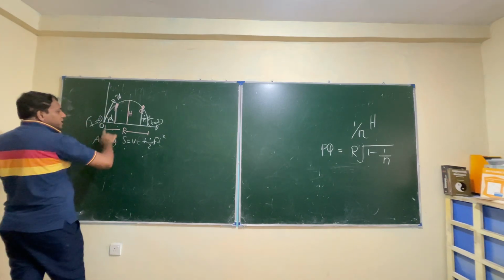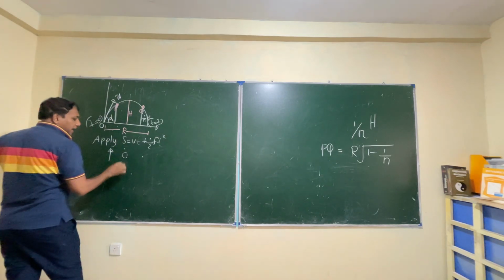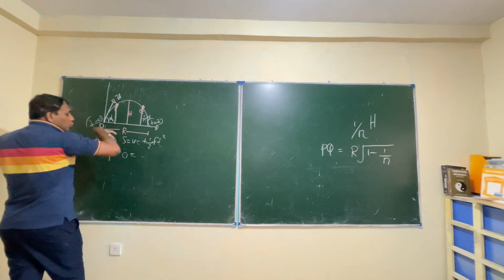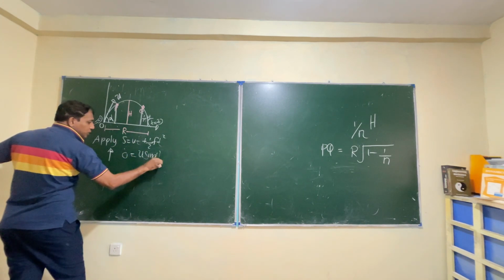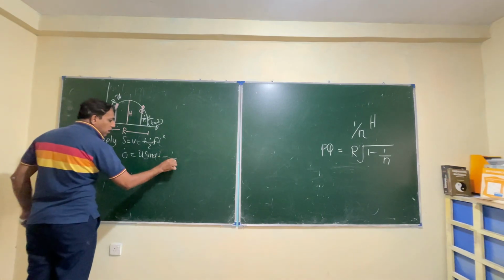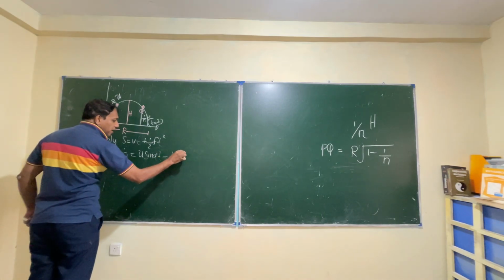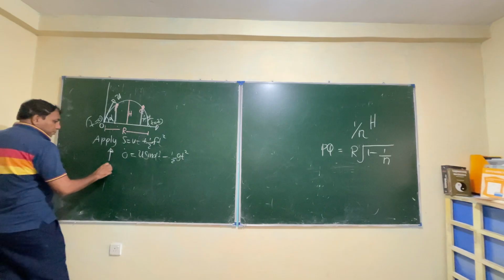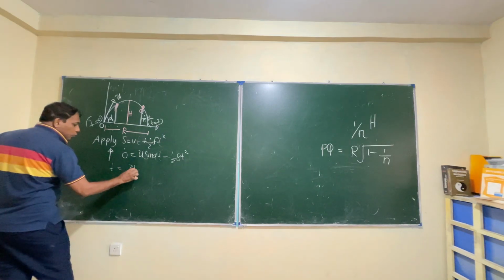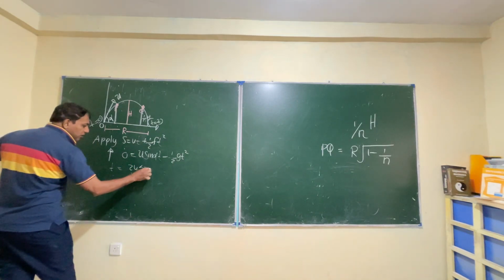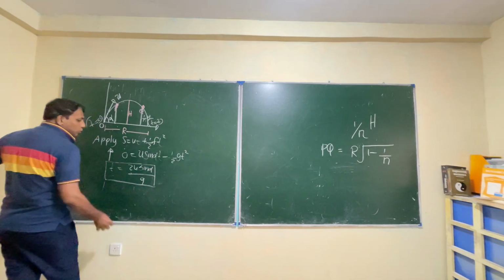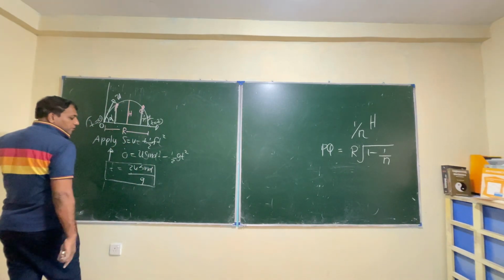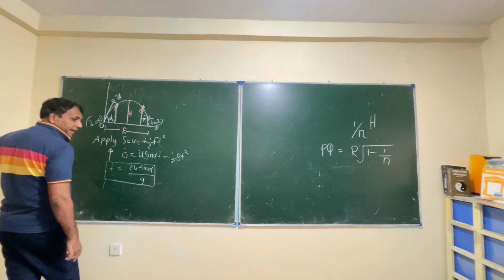So applying vertically for the full motion, 0 height, u sin alpha times t minus half g t squared. Therefore, simplifying, t equals 2u sin alpha over g. This is the time taken to complete the motion. We call it the flying time of the projectile, right?